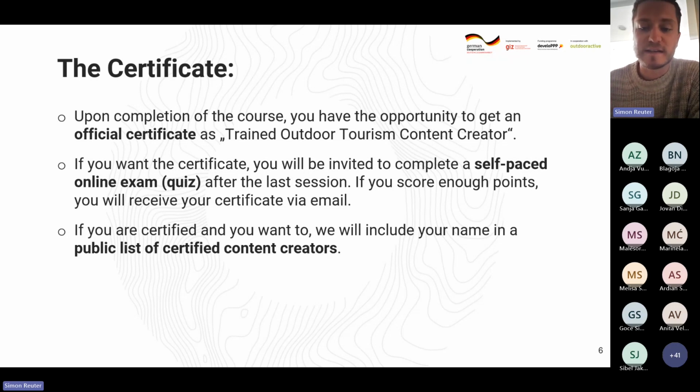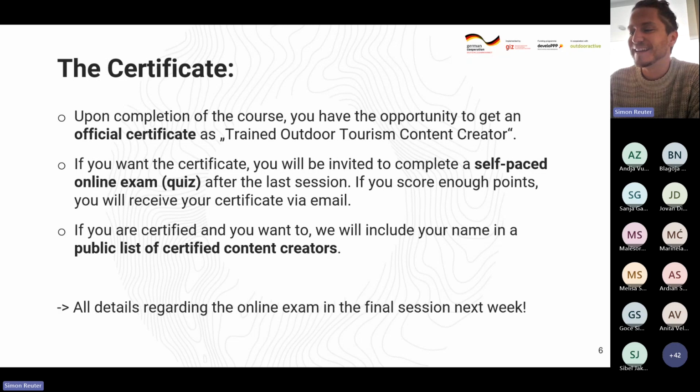I'm going to give you a few more details next week, but basically it's just a list that contains names and email addresses of people who have successfully completed this course and therefore have the basics of content creation. This is completely voluntary. You don't have to put your name on that list. It's something that we offer you so that you can maybe get some clients who need support with content creation, because after you finish this course, you're obviously a well-trained outdoor tourism content creator. But as I said, we're going to talk about this in detail next week, which is the final session of the course.